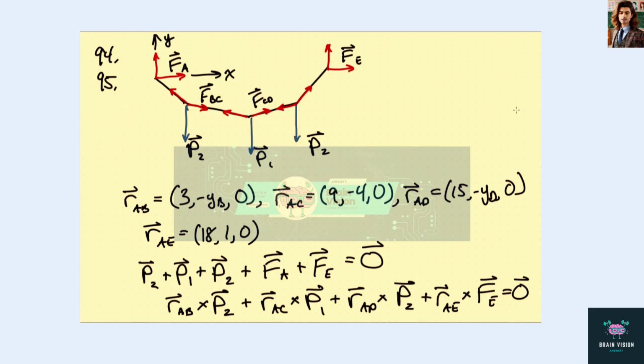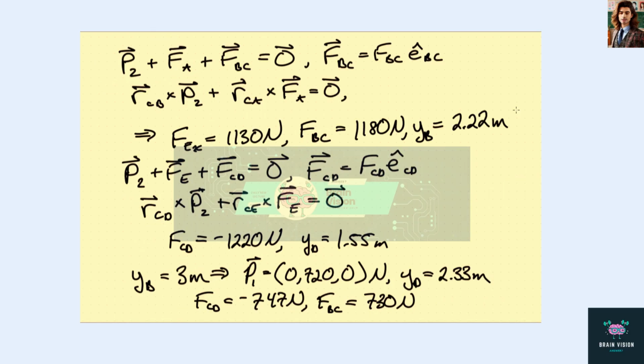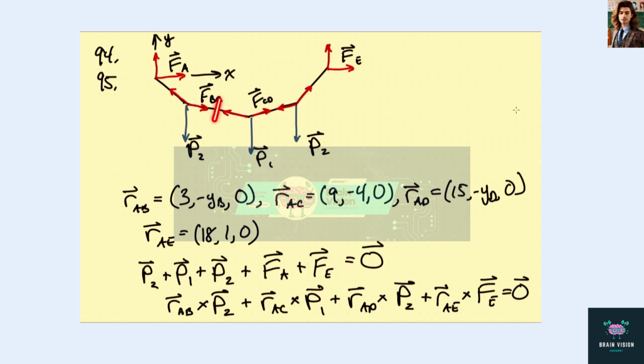Now we can take a look at some segments of this cable. In this case, I'm going to look at this segment here. Basically, take a cut there. And that exposes this force, FBC.